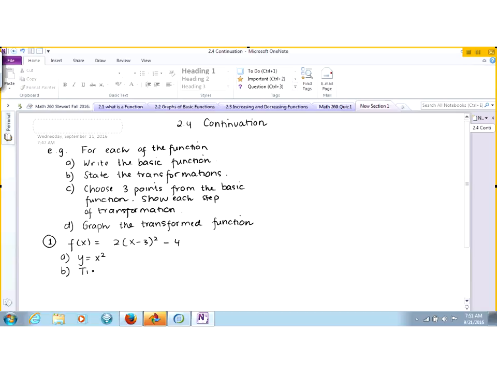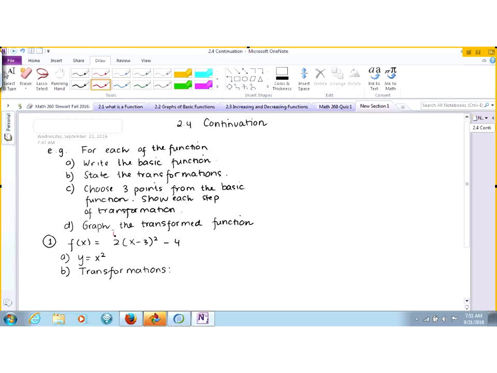That's right. B, what are the transformations? So let's label it: 1, 2. How is this different from y equals x squared? The first one, this number 2 is different. What else? This negative 3. What else? Minus 4. So there are 3 transformations that I'm applying to y equals x squared, so that my function is what is given here.